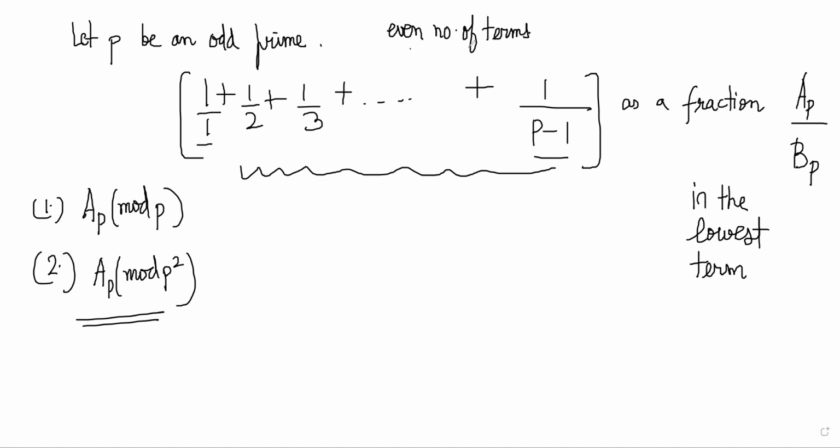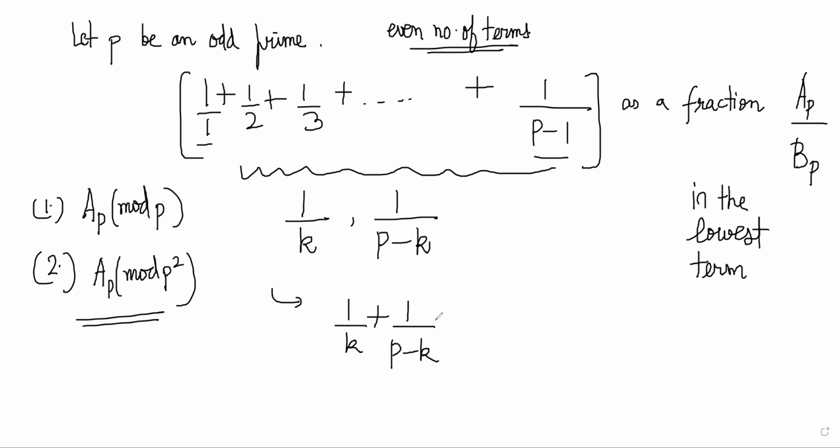So you can try and group these terms together in this way. You can say I will always be able to find a term 1/k here and also a term 1/(P minus k) here. And if you group them together, you will get 1/k plus 1/(P minus k), which will be equal to P/(k times (P minus k)), right?